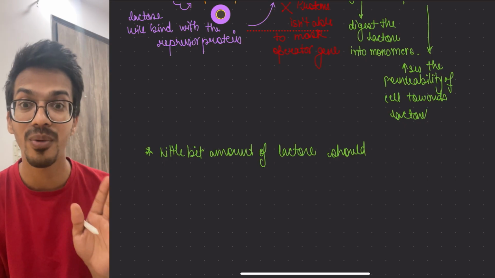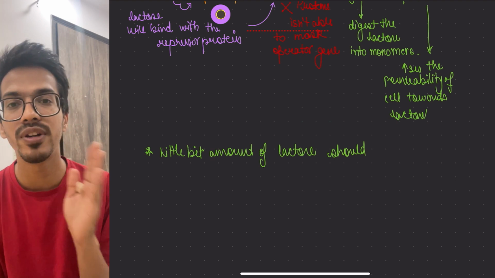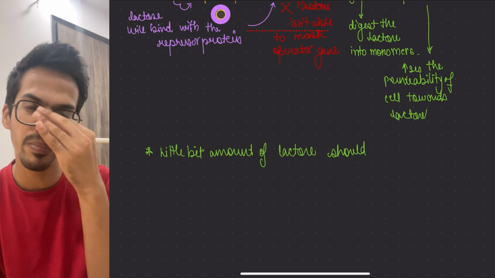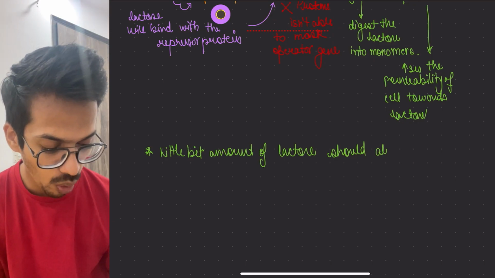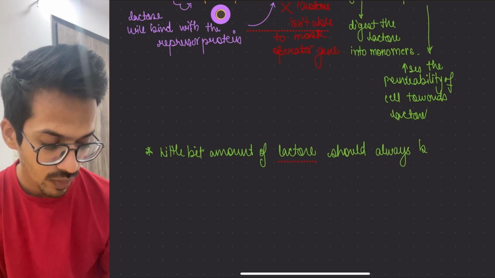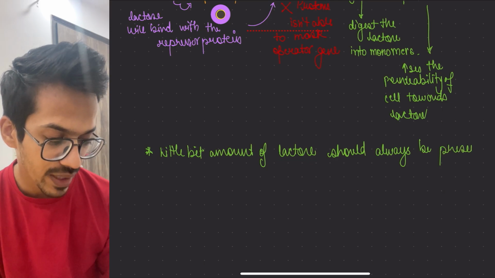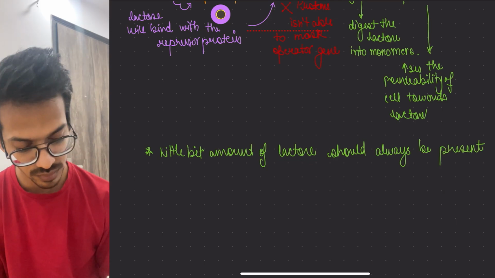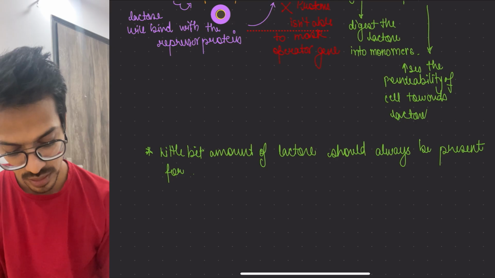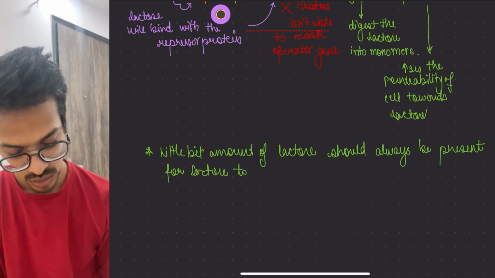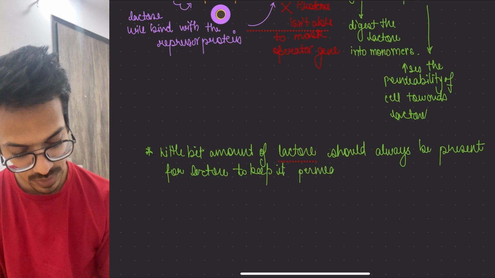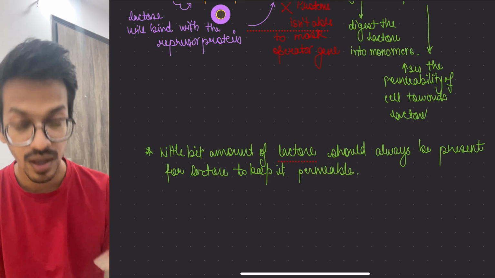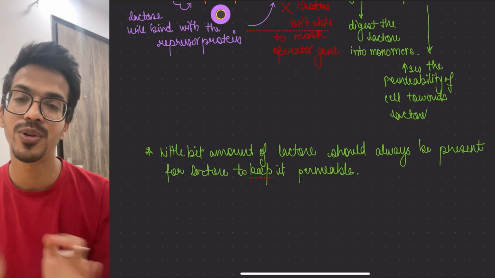So this is a very important solute solvent concept when a permeable membrane is present between them. So a little bit of lactose should always be present to keep it permeable. With this, your lac operon is over.